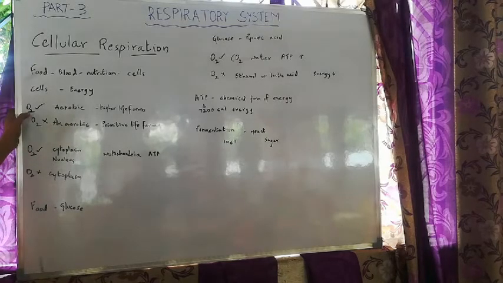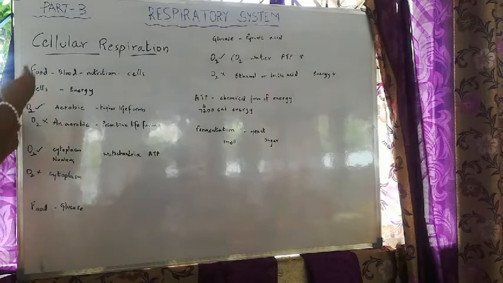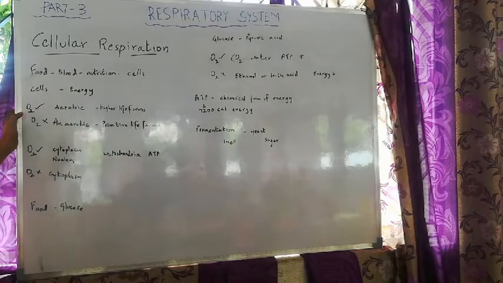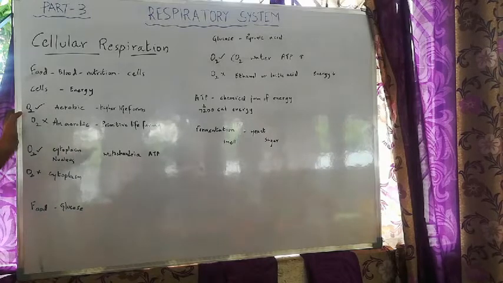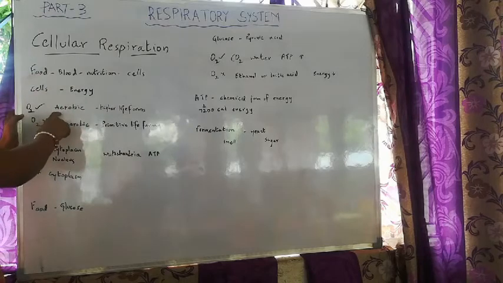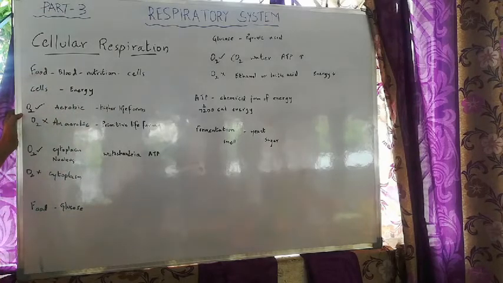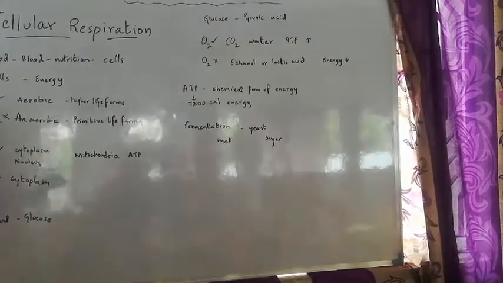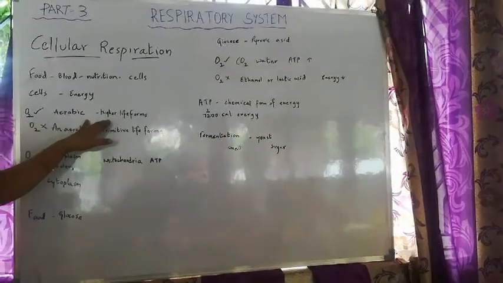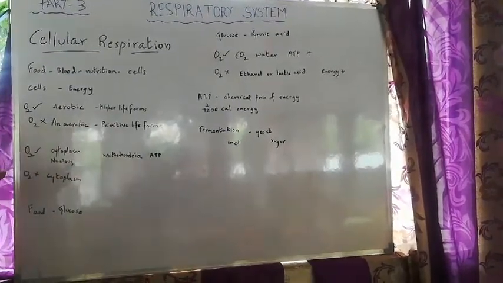So in presence of oxygen, if our nutritive compounds are used and energy is produced, then that kind of cellular respiration is aerobic respiration, means oxygen is present to produce energy. So this is seen in higher life forms, plants and animals.